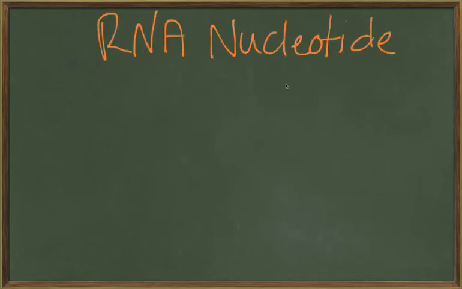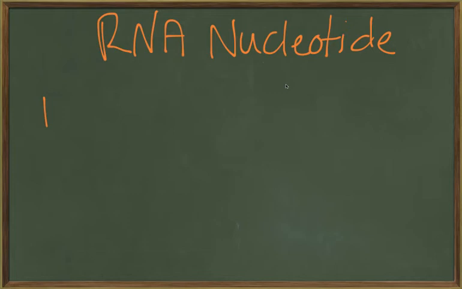Now, just to go through my differences just a little bit more and get more familiar with RNA, let's talk about what's in an RNA nucleotide. Still the building block, just like it was in DNA. You're still going to call this a nucleotide, but it is going to have some subtle differences with it. One thing is you're going to have a ribose as your sugar instead of deoxyribose.